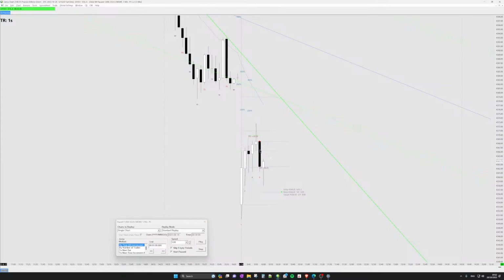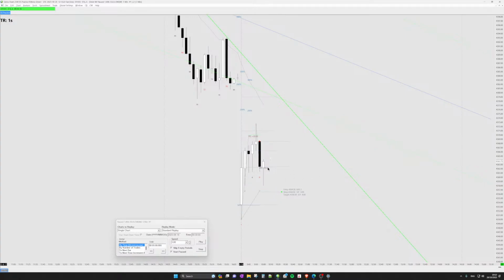So they got the 14 points, basically 15 points, and a strong bull bar. It did test basically the beginning of the channel. Maybe 50% there, from here to here.